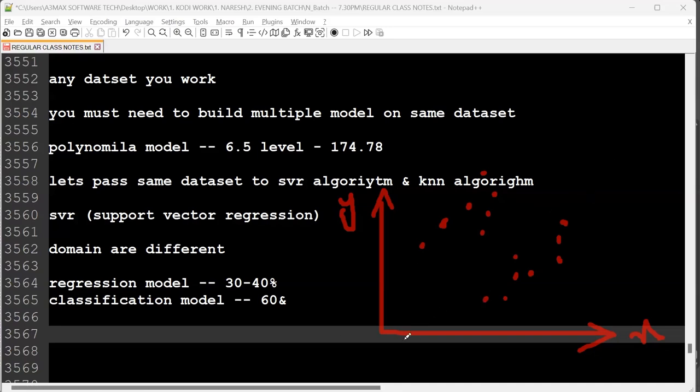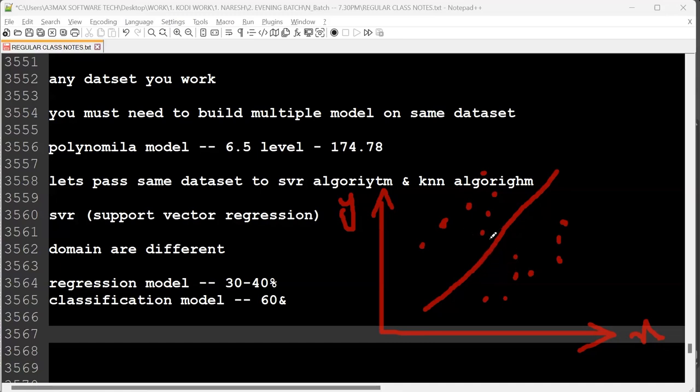When the data points are scattered, does that mean regression or classification? Regression. 0 and 1, that means this is classification. Now let's see. I'll draw a line, isn't it? So this line separates the two sets of data points or not?